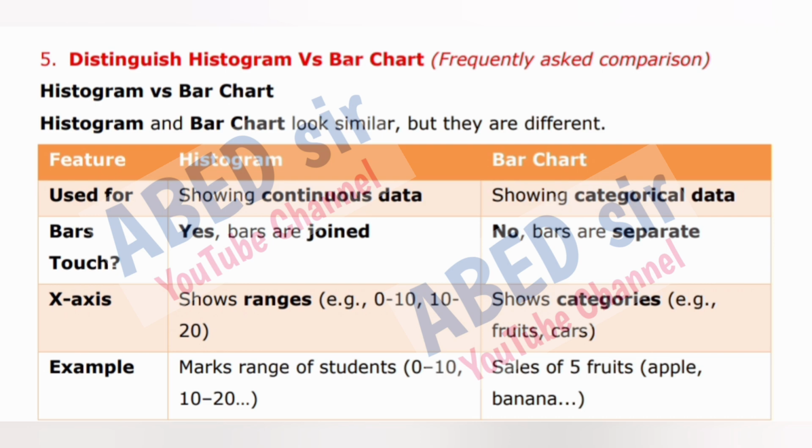Histogram: yes, bars are joined. Bar chart: no, bars are separate. X-axis: histogram shows ranges, example, 0 to 10, 10 to 20; bar chart shows categories, example, fruits, cars. Example: marks range of students, 0 to 10, 10 to 20; sales of 5 fruits, apple, banana.